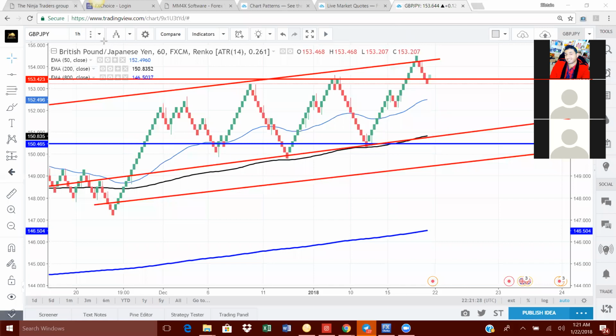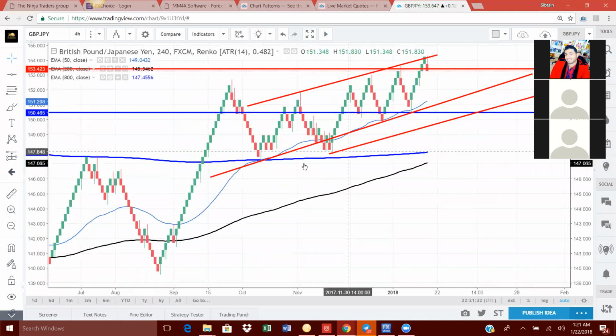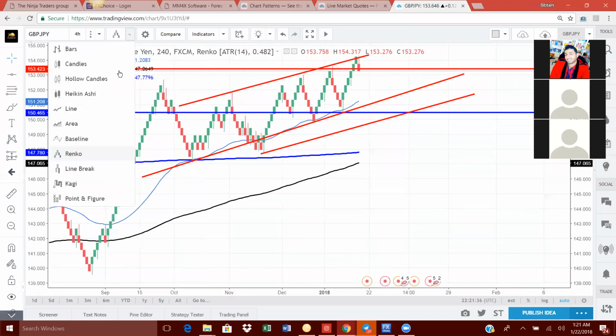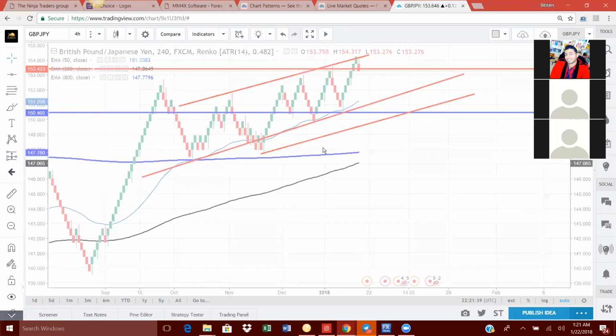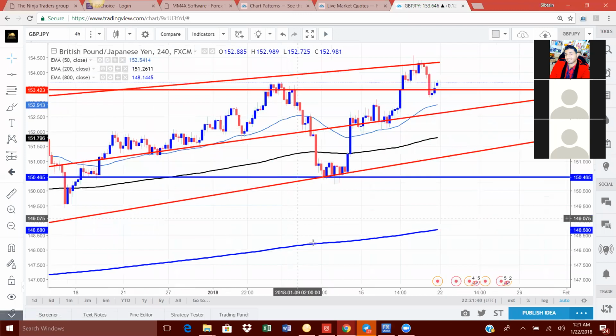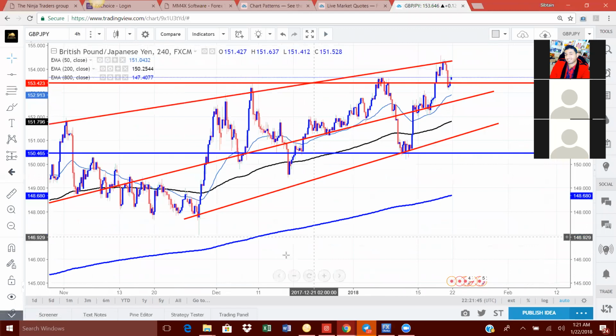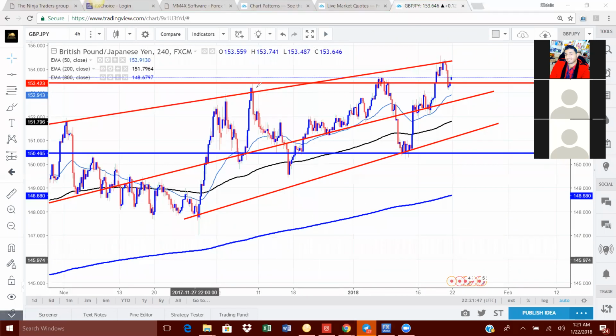So this GBP JPY should come down with the review which I've shown you. If you see the trend line I've drawn, and even if you see on the candlesticks, still the same thing, right? So this was resistance, resistance, resistance, right?